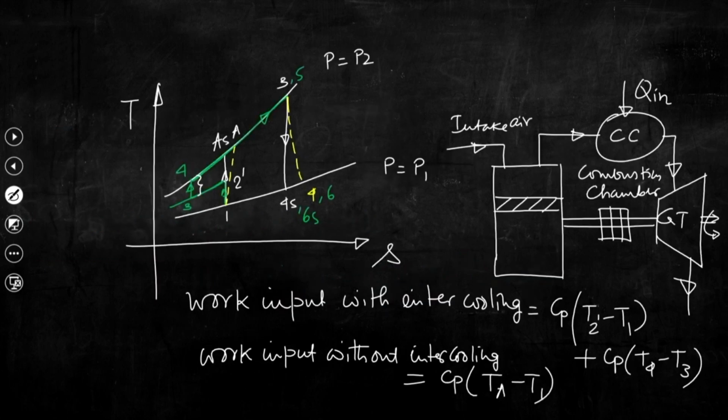That is what we had written in the previous slide. So, Cp into T2 prime minus T1 plus Cp into T4 minus T3, right.